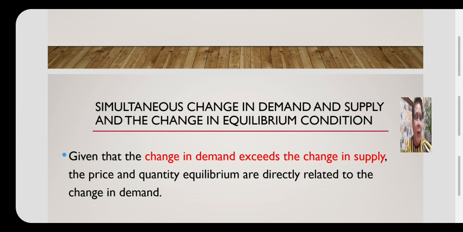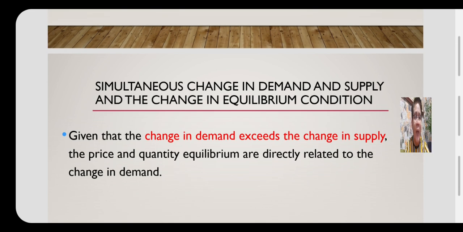So let us now consider the relationship. We have this particular situation that the change in demand exceeds the change in supply. So if we look at the market forces, the law of demand is dominant than the law of supply.